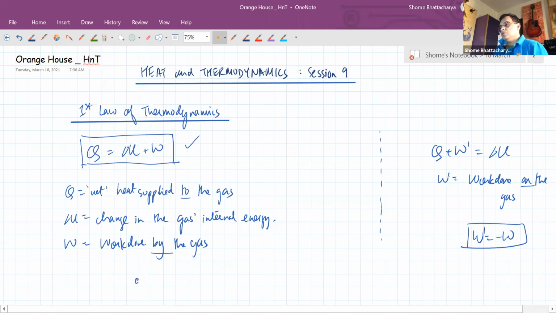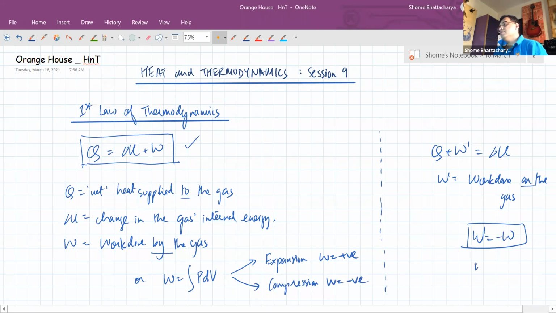So here W, work done by the gas, is the integration of P dV. It is such that during an expansion, W is positive, whereas during compression of the gas, the work done by the gas is negative.